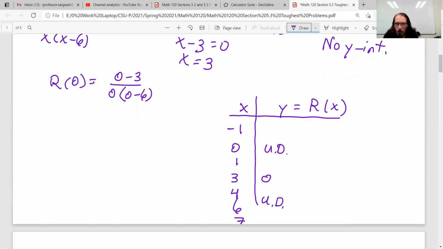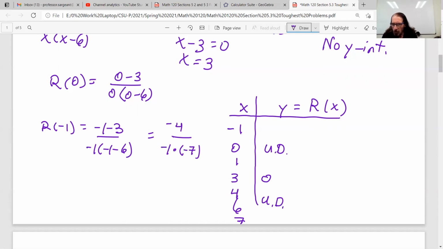So R of negative 1. We're going to have negative 4 over negative 1 times negative 7. It's going to be negative 4/7.